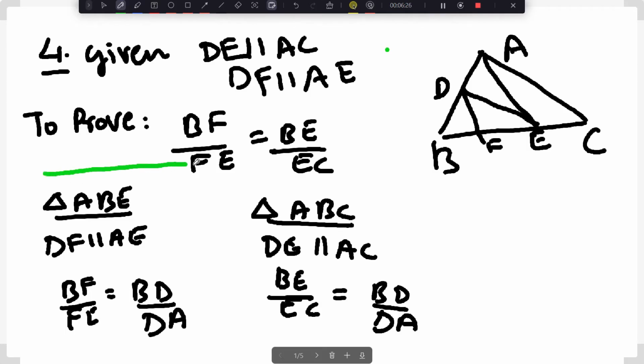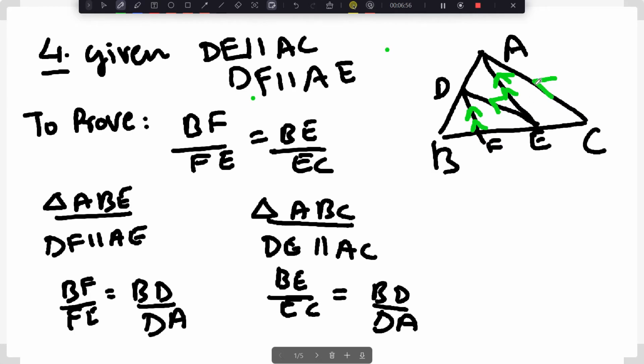It's still here, and I've explained and done certain steps here, right? So this is a triangle. DE is parallel to AC and DF is parallel to AE. We have to prove that BF by FE equals BE by EC. That is what we have to prove.